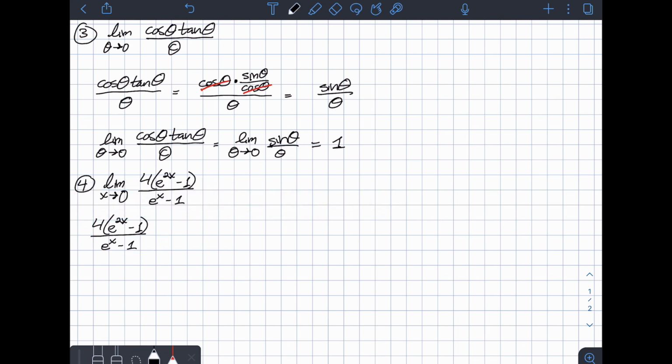This function, which shouldn't be too difficult, is 4 times e to the x plus 1 times e to the x minus 1 all over e to the x minus 1, because the numerator here is just the difference of squares. So these cancel out, and you're left with 4 times e to the x plus 1.